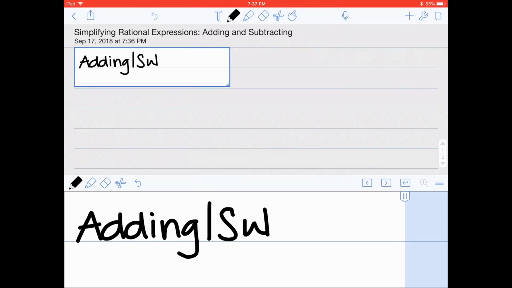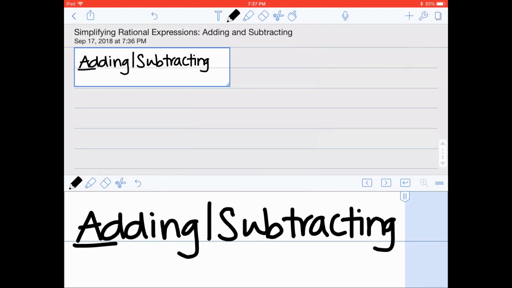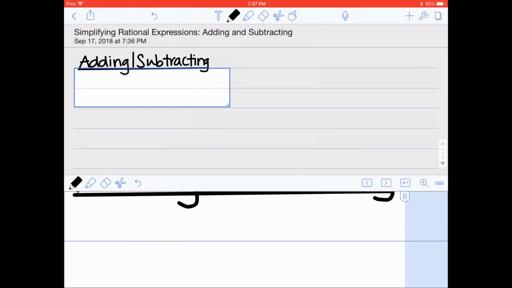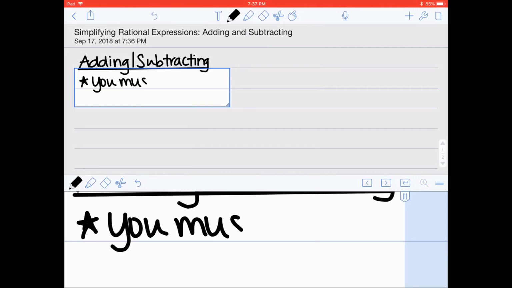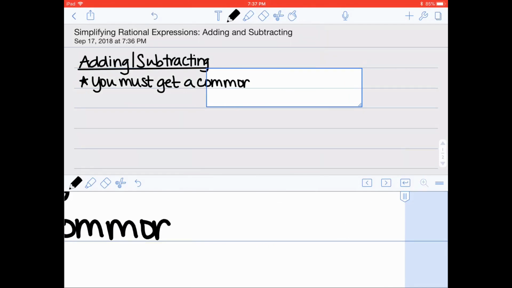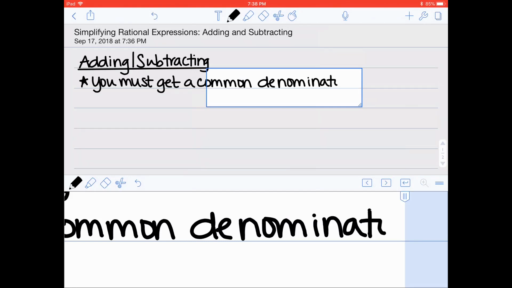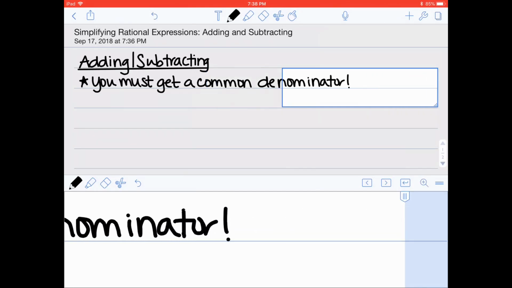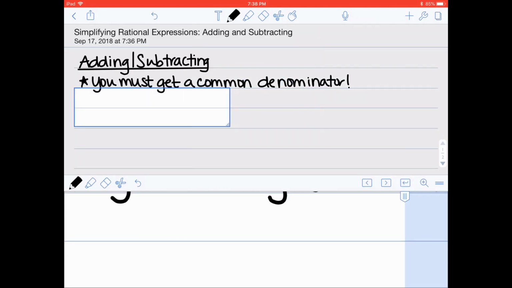Adding and subtracting is usually everyone's least favorite, and that's because rational expressions are basically fractions, and when you add or subtract a fraction, you must get a common denominator. So that's something that we're going to have to watch out for and be careful of.